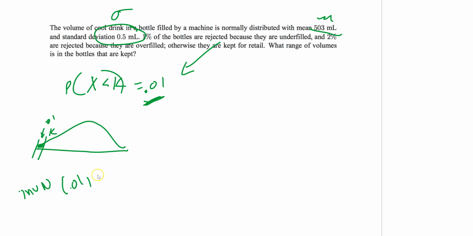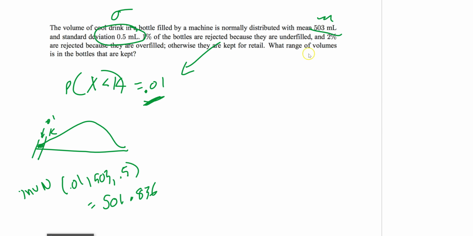They gave me all the information I need. Now remember, if they say standard, I use 0 and 1, but they didn't. You plug it into your calculator, and you get a value. And I got 501.836. So something around there, for the underfilled ones. So if you're anything below this, you're underfilled.